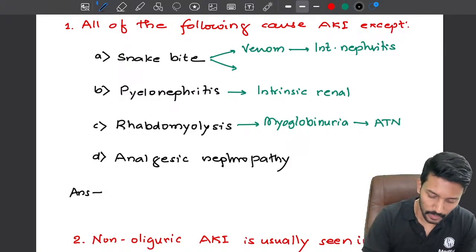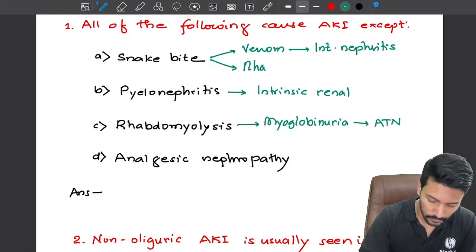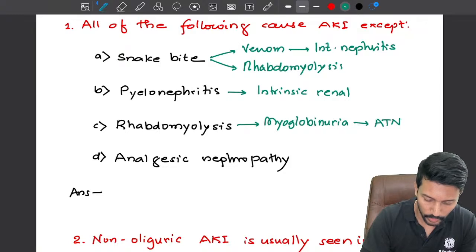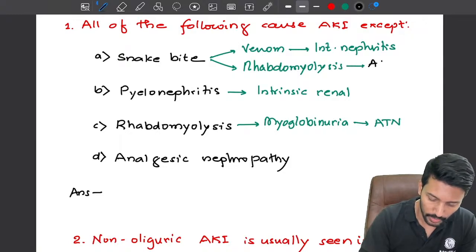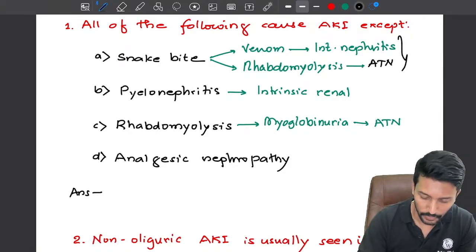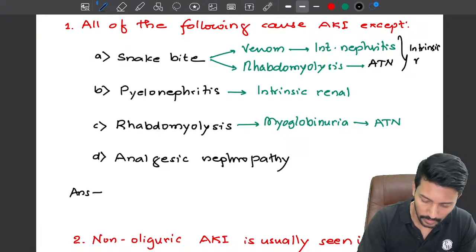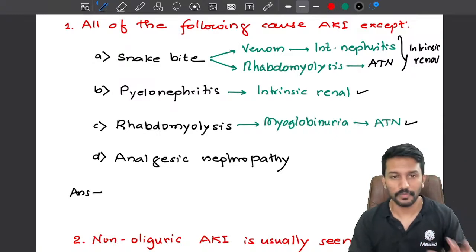So basically there can be rhabdomyolysis, and I have already told you rhabdomyolysis will lead to acute tubular necrosis, right? So that is also an intrinsic renal type of AKI, right? All are intrinsic renal type of AKI.